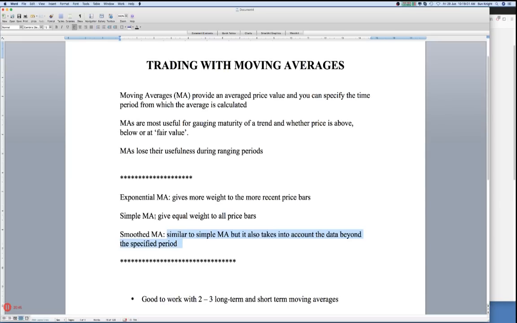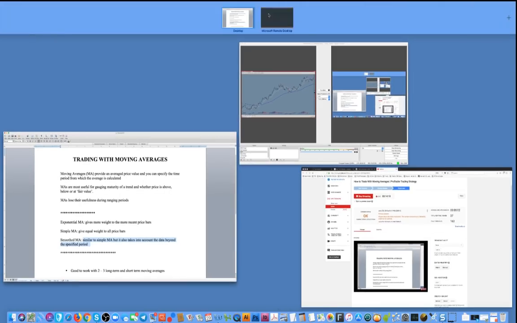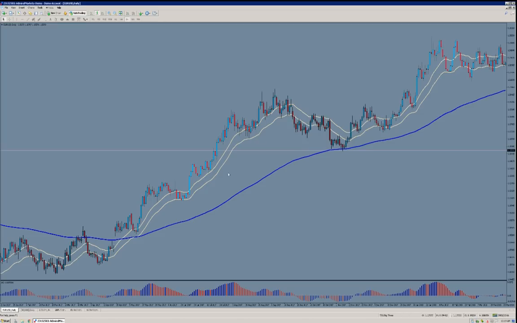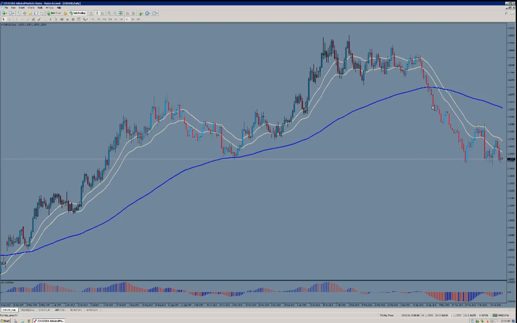As to which one is best, it's probably up to the individual trader in the end what they're using and what's worked for each person. I've personally settled for the exponential moving averages because I like the fact that they're giving a bit more weight to the more recent candles, which, because we're trying to make decisions in the current moment, I think works quite well.